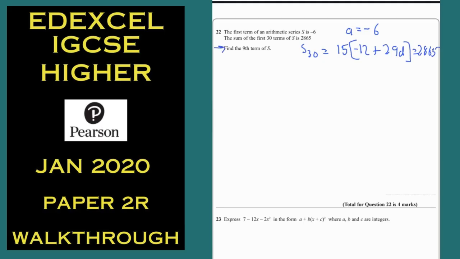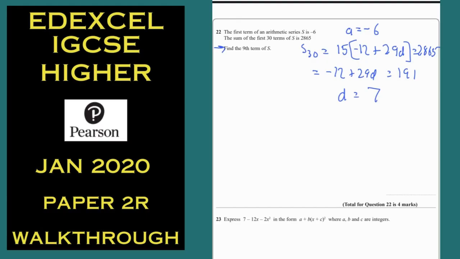Now you can't start doing that until you've worked out D. So let's carry on. Let's divide both sides by 15. Let's get the numbers a bit more manageable. 191. And now it's a case of solving. So you grab your calc, you do 191, you add 12 before dividing that answer by 29.